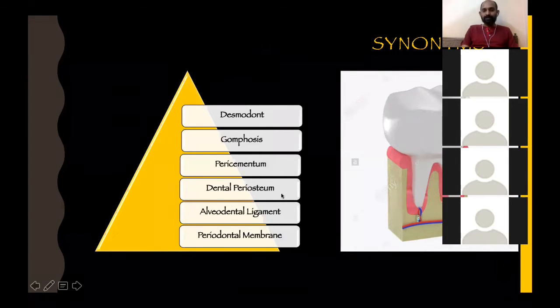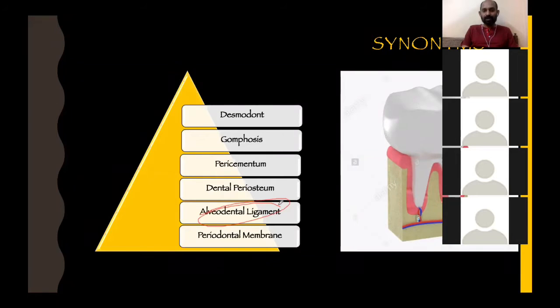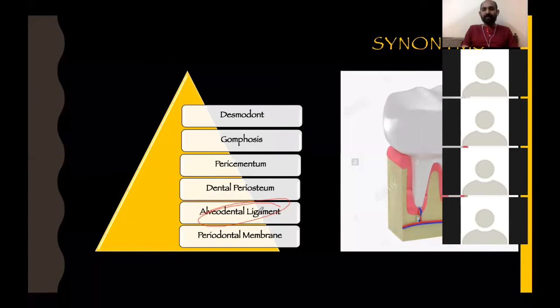Among the different synonyms, the one that all of you have to be aware of is alveolo-dental ligament. So what is meant by alveolo-dental ligament? It is a ligament which is connecting your alveolus with your tooth. So hence it is also called as your alveolo-dental ligament.